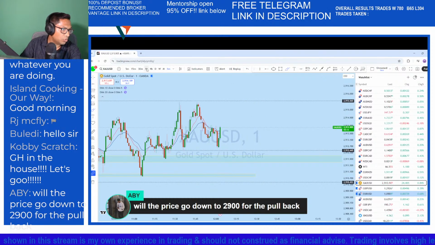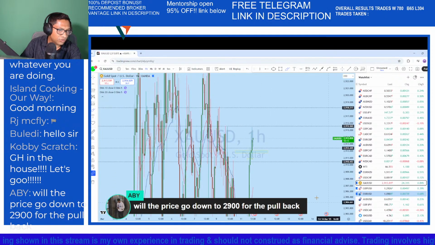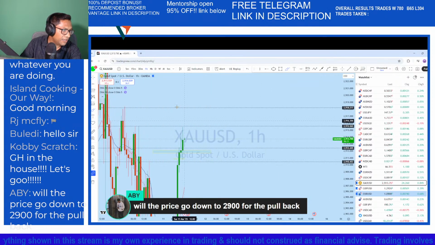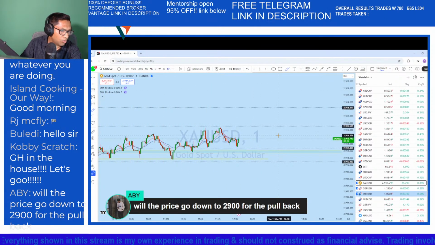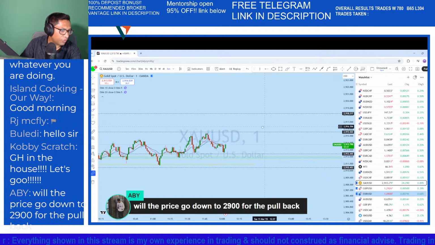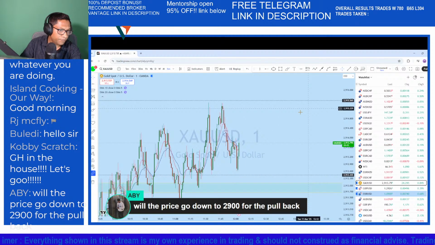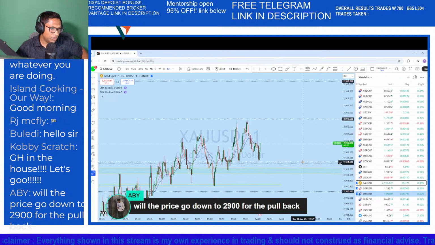This is what we are waiting for in this market, for the price to drop deeply before we can look for an entry opportunity. I would like to see how it is doing.